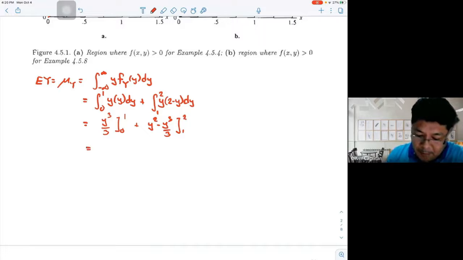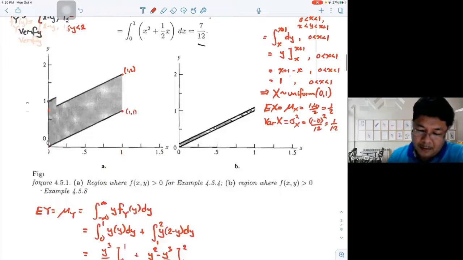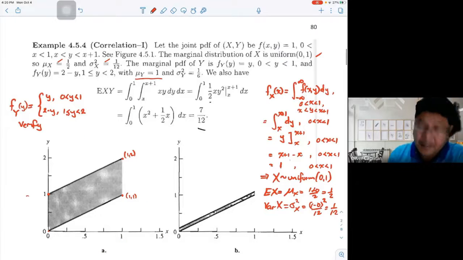So we have here 1 third minus 0, plus 4 minus 8 over 3 minus 1 plus 1 third. If we simplify, the answer is equal to 1. There, that is verified.